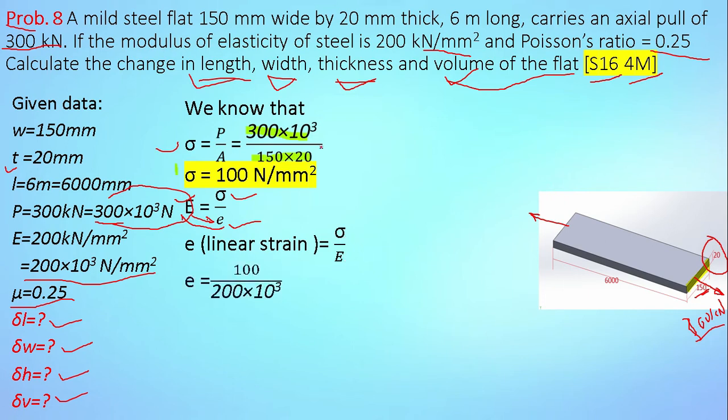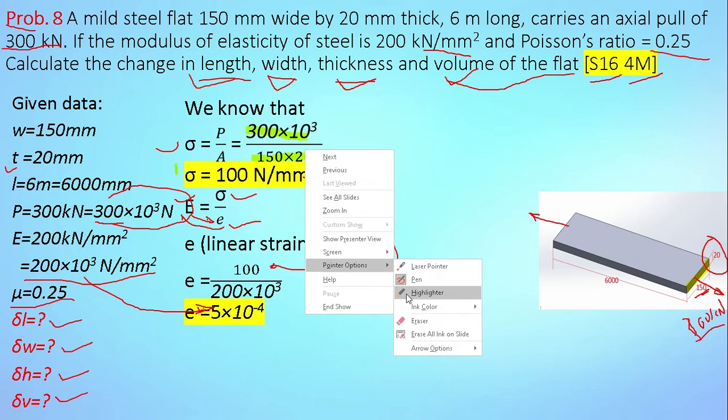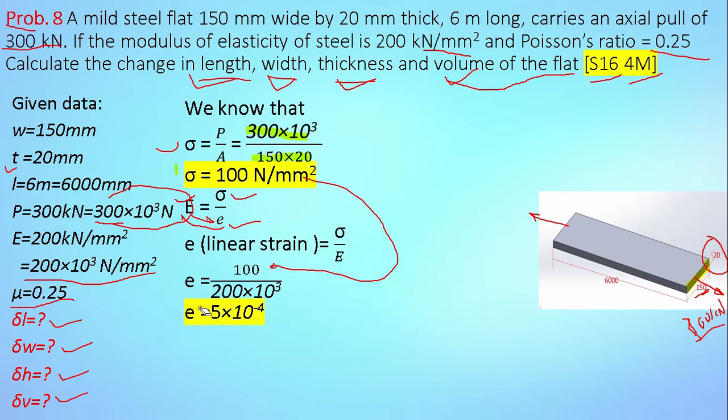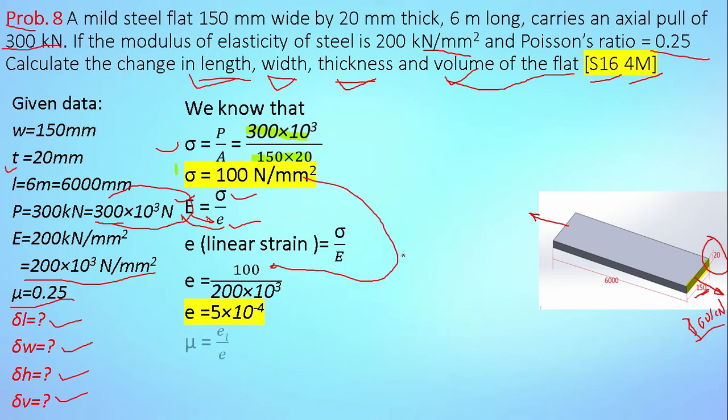We will put the values in this equation: stress is 100, and Young's modulus is given. After solving this equation, we get linear strain is equal to 5 into 10 raised to minus 4. This is a unitless quantity.